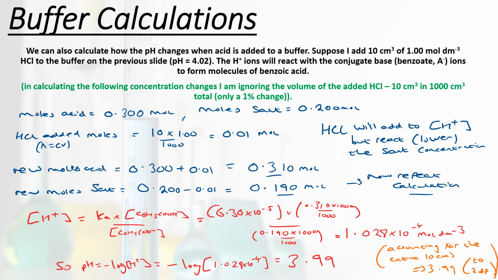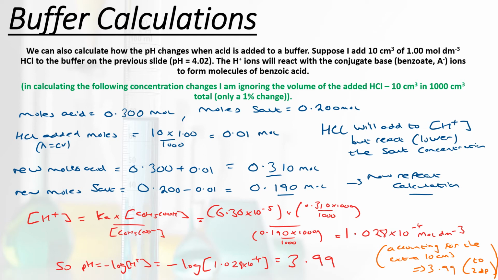They will make the H plus concentration bigger, but they will react with the salt concentration. They will make that lower. So now the moles of acid is the 0.3 we had originally, plus the 0.01 to give 0.31 moles. And the salt will go down. So we have 0.2, we take away the 0.01, and we end up with 0.19 moles.